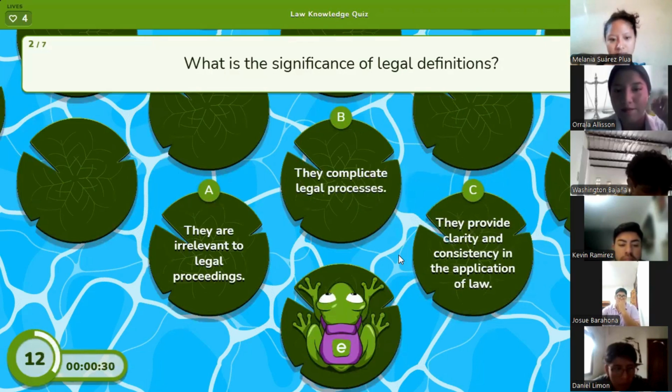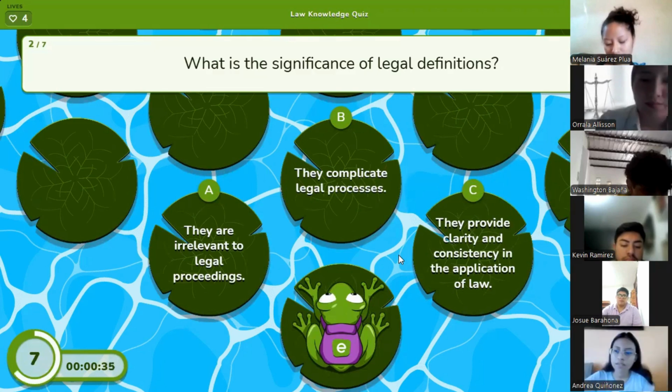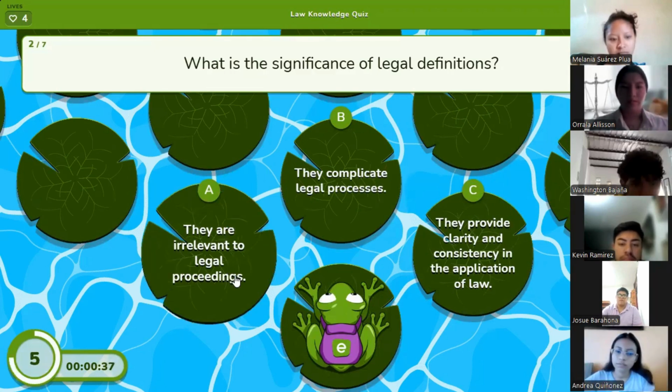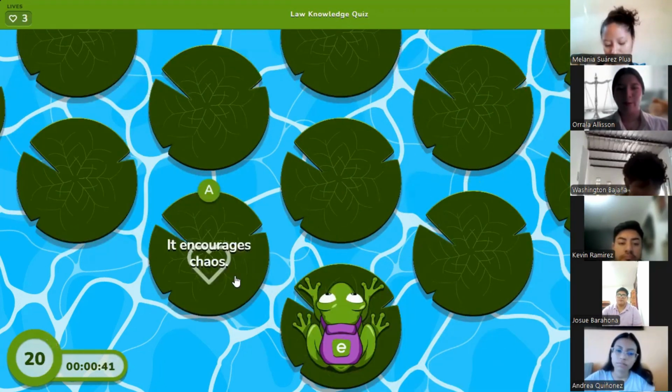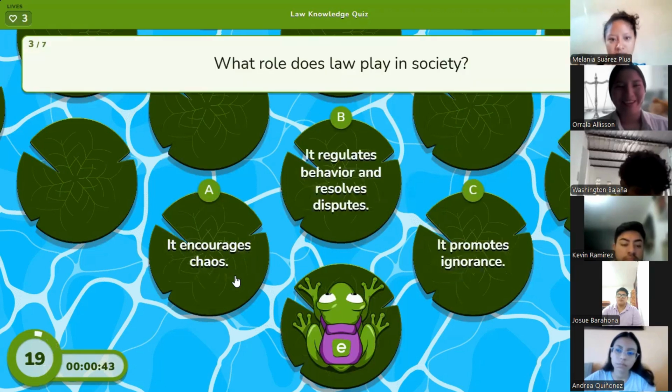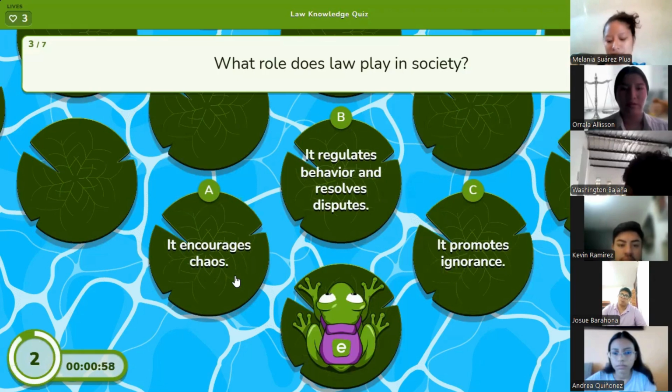Letter A, B, or C? Letter C. What role does law play in society? Letter A, B, or C? Letter B: we regulate behavior and resolve disputes. Okay, click.